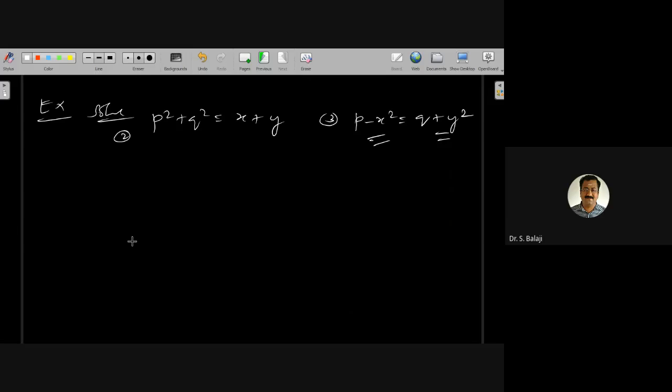Then proceed. The idea is very simple. A minus x whole power 3 by 2, divided by 3 by 2, with the minus sign. Integral p dx plus q dy.